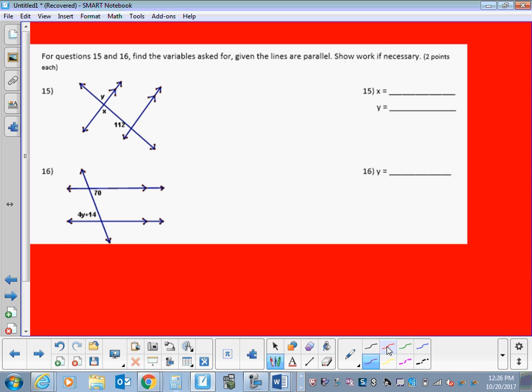All right, solve for x and for y. One of these is easy. Which one is it? What should we solve for first? The x, right? My angle relationship here is consecutive interior, so they're both equal to 180. So x plus 112 is equal to 180.